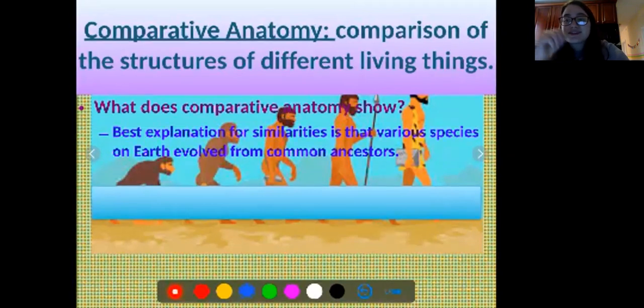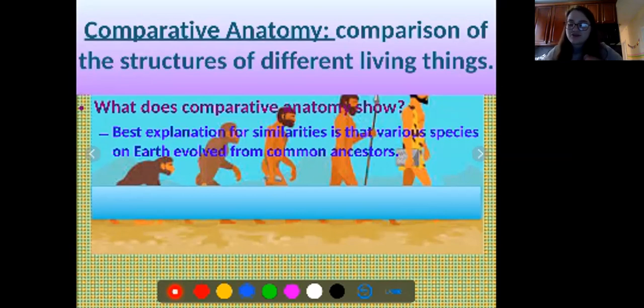So once again, we see similar structures in multiple species on Earth. And really the best explanation for that is that we all evolved from a common ancestor. So somewhere way down the line, we share an ancestor with all these different species, and that's why we have similar structures. Comparative anatomy was actually one of my favorite classes in college, so if you're interested in this, it's super, super cool.